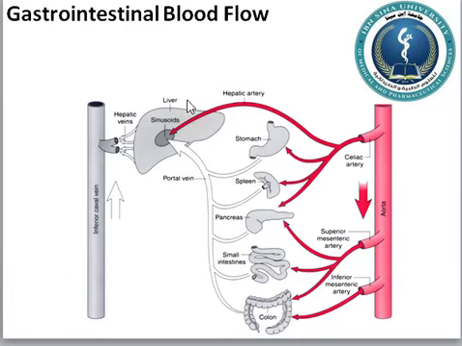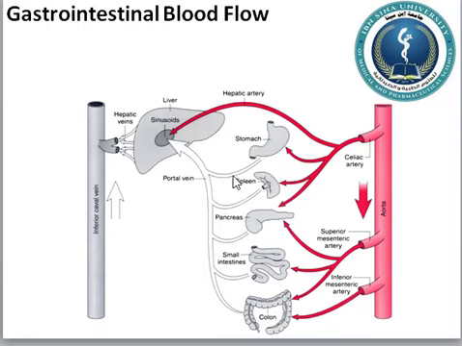So the liver is supplied, as any organ, by an artery, which is the hepatic artery. But this hepatic artery constitutes only about 20%, one fifth, of the blood entering the liver. The other blood entering the liver comes from the portal vein.